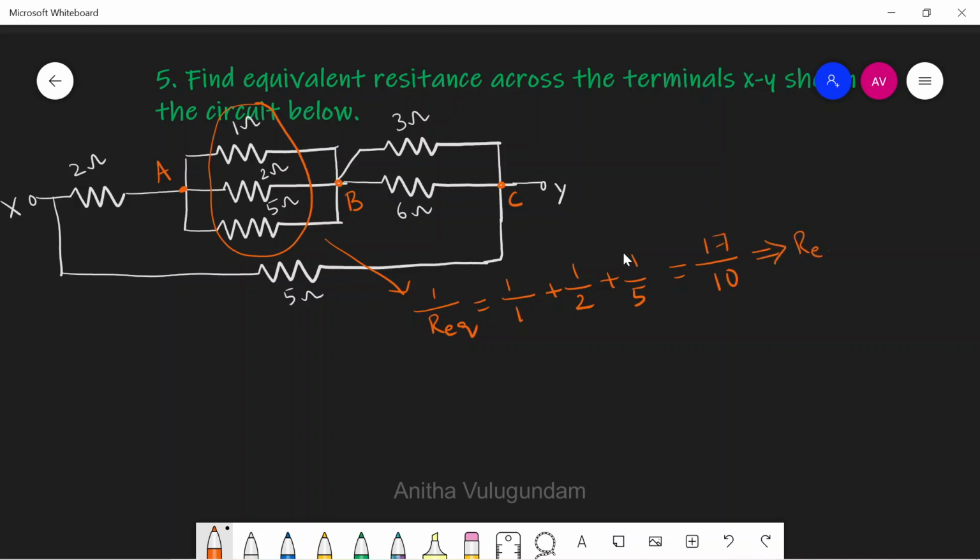That is, as it is across A and B, we can write RAB equal to 10 by 17 ohms.